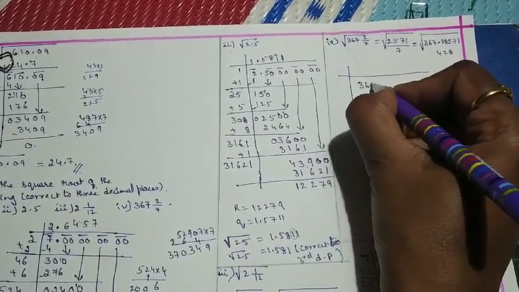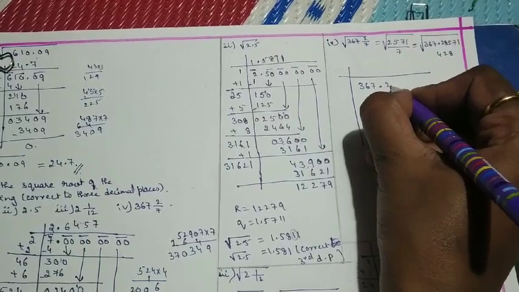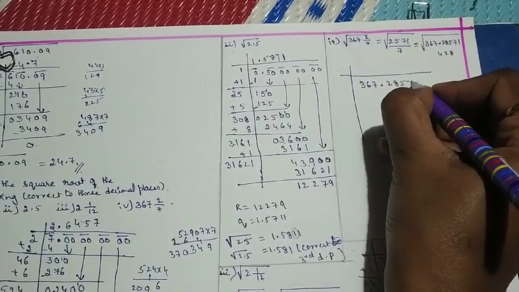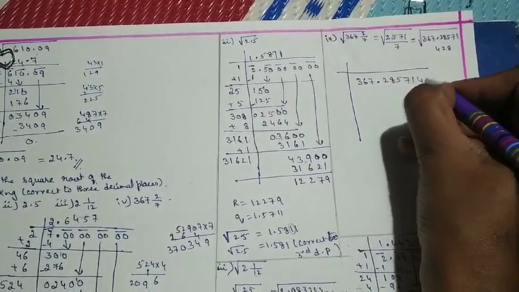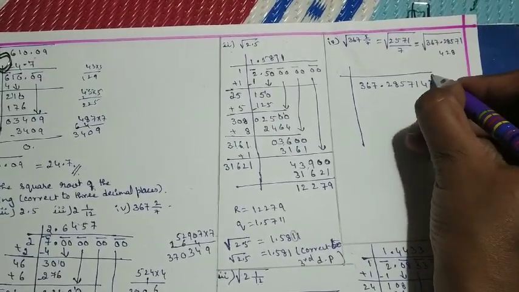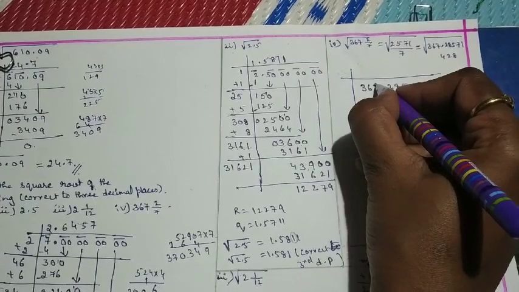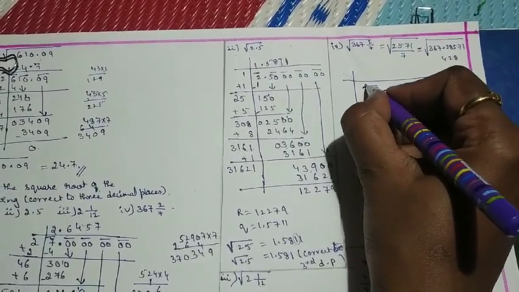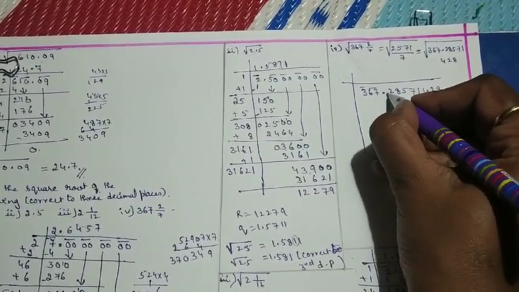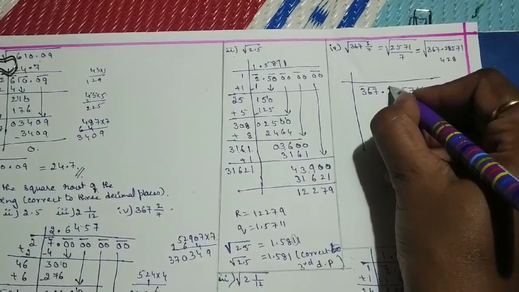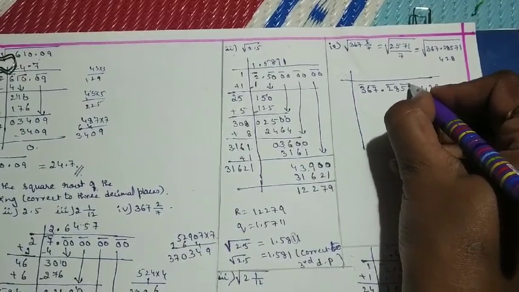That is 367.28571428. We know that in the decimal number we mark the periods in the whole number from the right side of the number to the left, whereas in the decimal part the periods are made from left to right.